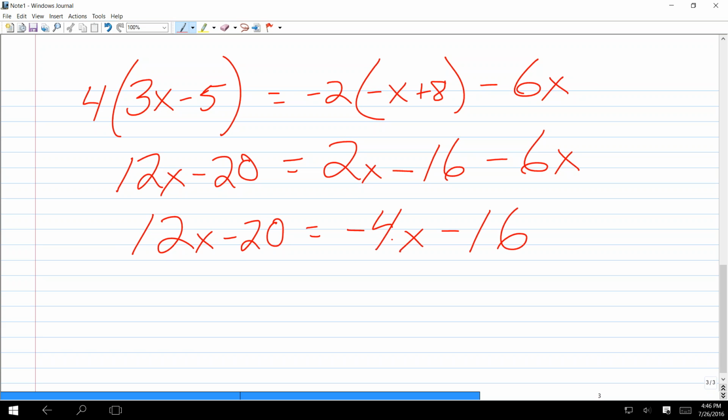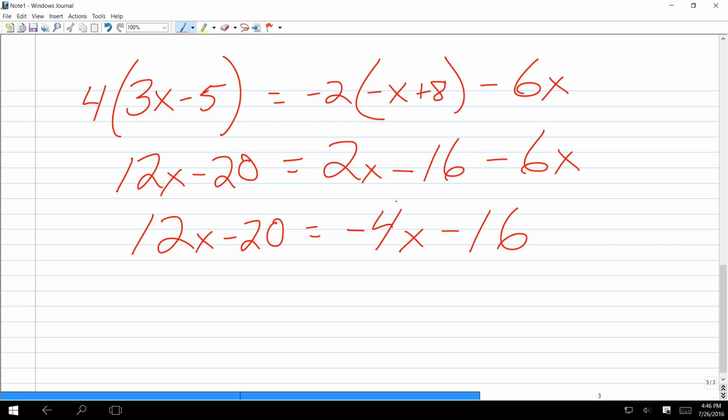Now, notice that if I bring this 4x to the left side and change its sign, I'm going to have a positive coefficient on the x's. Whereas if I were to take the 12x and move it to the right, I'm going to end up with negative 16x. Well, I don't want a negative coefficient if I can avoid it.